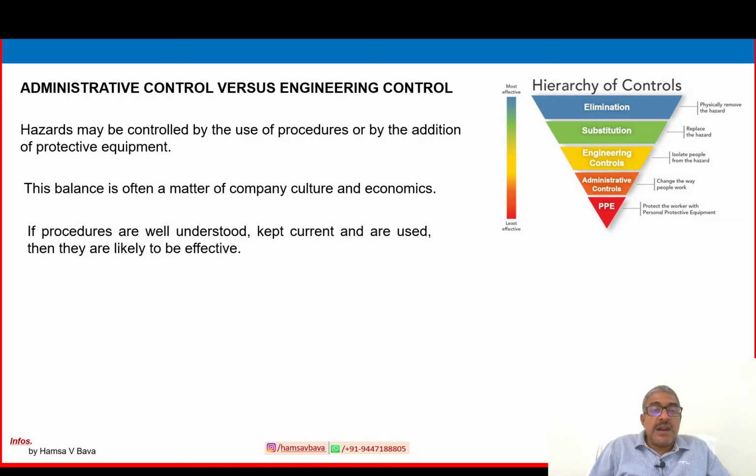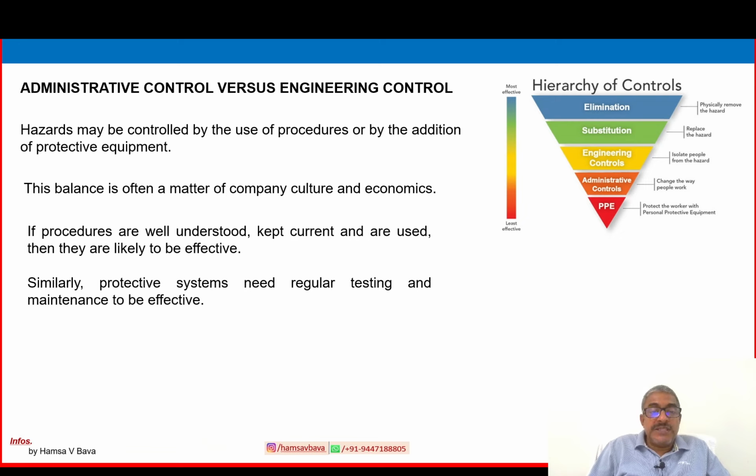If procedures are well understood, kept current, and used, then they are likely to be effective. Similarly, protective systems need regular testing and maintenance to be effective, like fire detectors, gas leak detectors, or other detectors using alarm system or safeguard system.